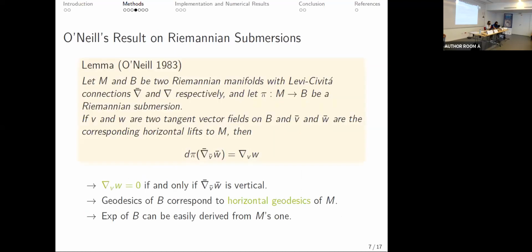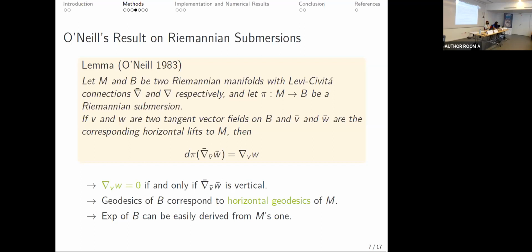Now that we have this construction, there is a well-known result of O'Neill on Riemannian submersions, telling us that what we want is true. That is, the connection is also descending with this Riemannian submersion. To be more exact, we have a condition for the connection to be projected onto the connection below. This result is really interesting first because it means that the geodesics are in correspondence with horizontal geodesics on the space above.